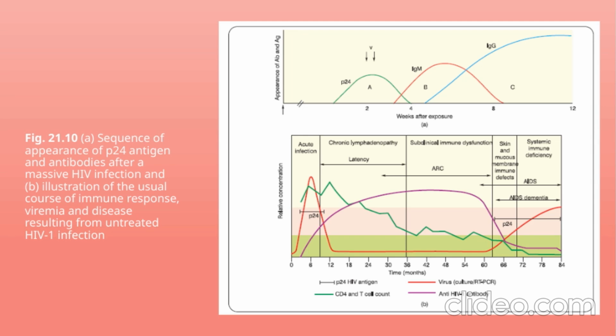This figure really highlights the importance of early detection and understanding how the virus interacts with our immune system over time, which is key to developing effective treatment strategies. It ties into the broader theme of how HIV evades and eventually overwhelms the immune defenses if left untreated.